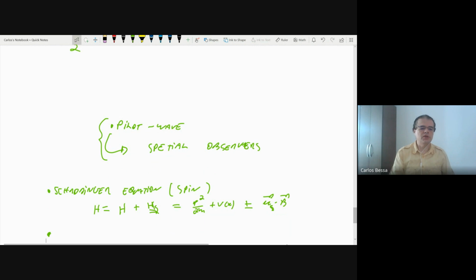When you have the Klein-Gordon equation, you have the possibility to use, because the P here in the non-relativistic Schrödinger is just the usual momentum, right? In the relativistic case, you use the relativistic momentum.